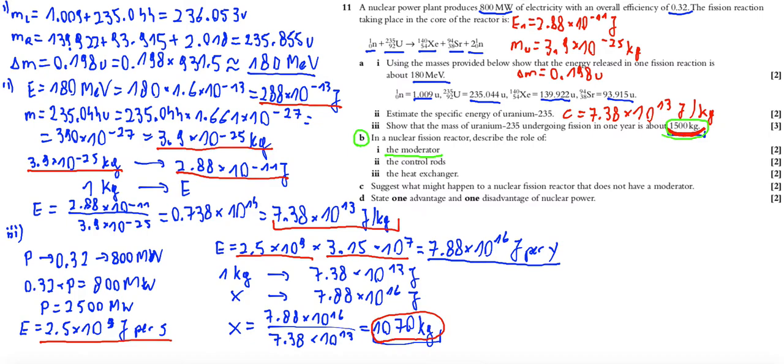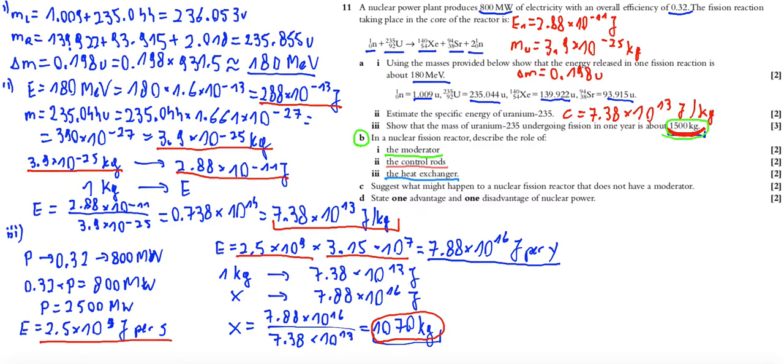Second, the control rods are movable rods which can be introduced or removed from the reactor and absorb neutrons to control the rate of the reaction. The heat exchanger is a device which exchanges heat between the coolant, which cools down the core of the reactor, and ordinary water, which is converted into steam.